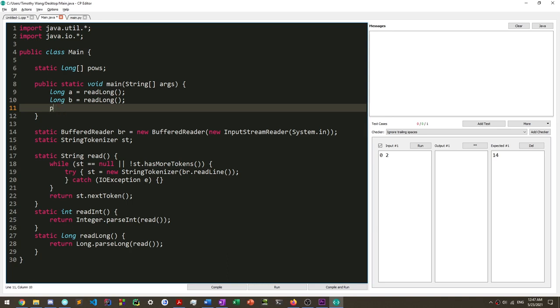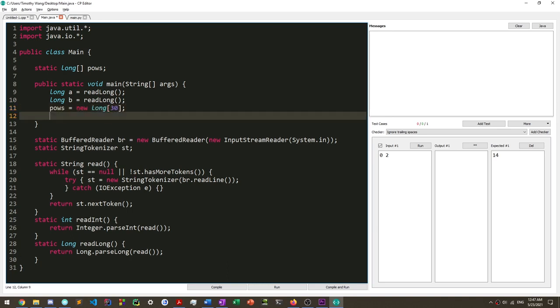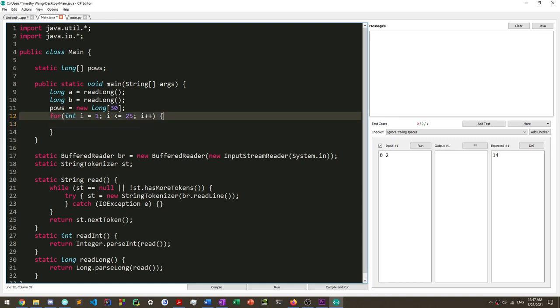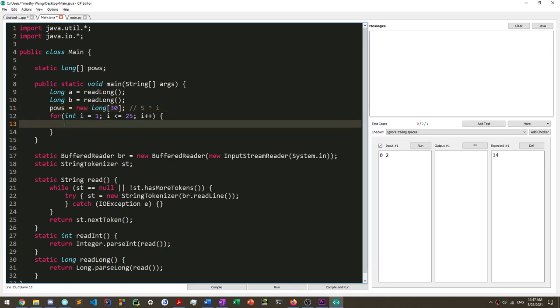So we're going to say pows is equal to new long of size 30, for example. And we're going to compute the first 25 or so powers of 5, so 5 to the power of i, where i is some number.